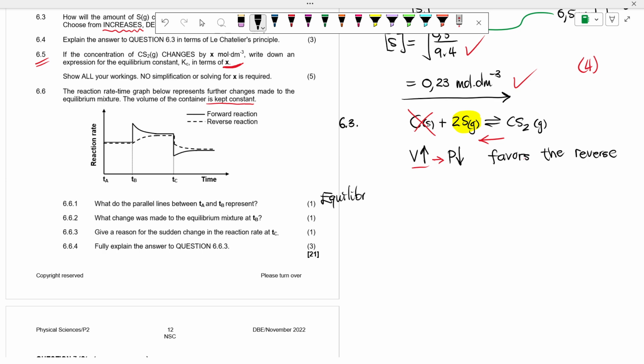Okay, equilibrium. Good. What change was made to the equilibrium mixture at TB? Right there, what happened to the mixture? This is according to the equation that we got.